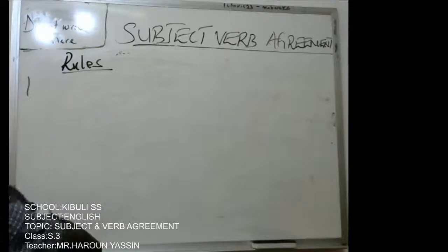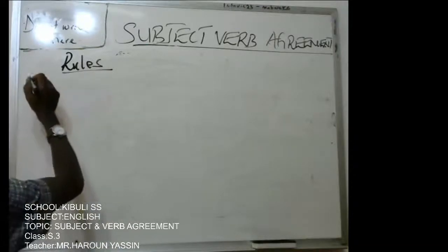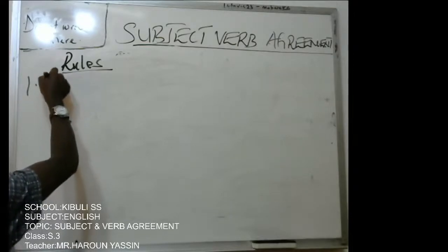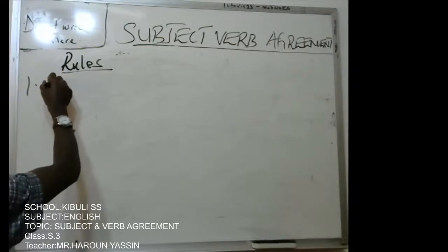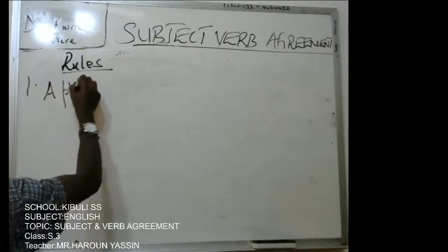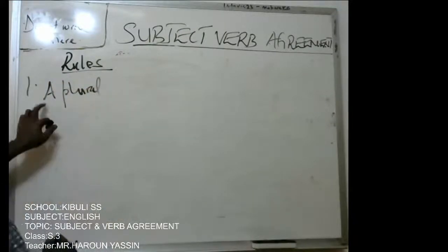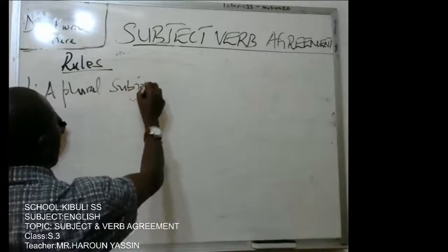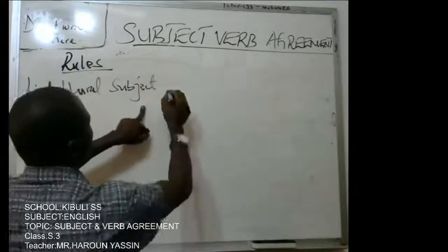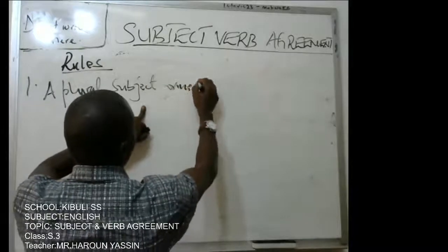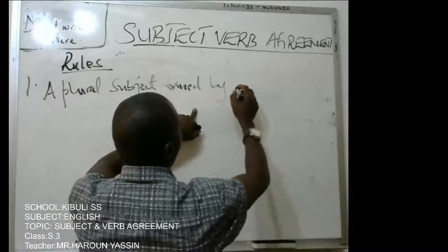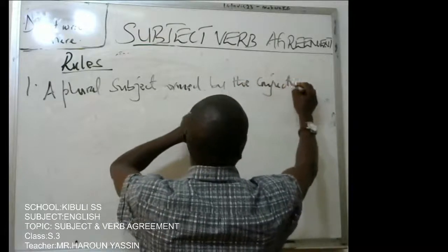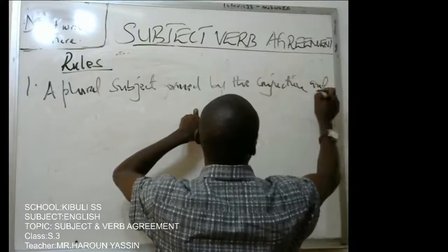Rule 1. Okay, we have got a plural subject formed by the conjunction and.